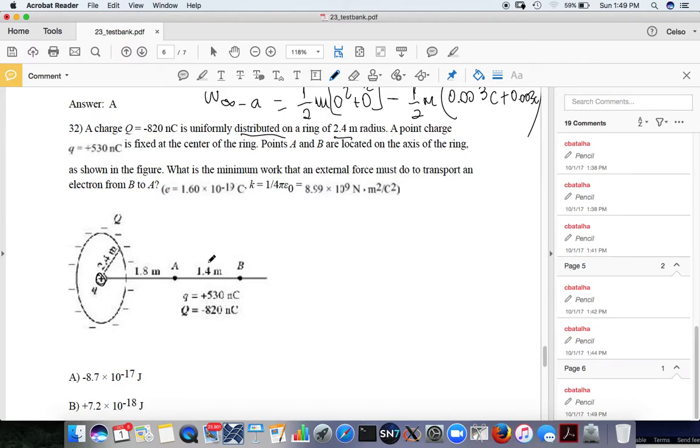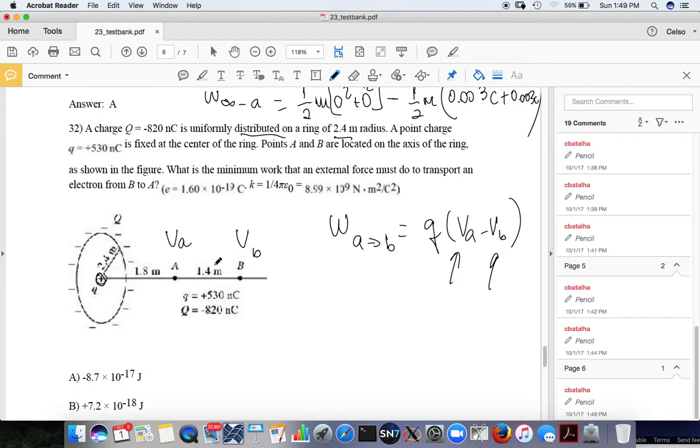The minimum work is the one that can overcome the field itself, because you have to calculate the voltage here and the voltage here. So the work from A to B is equal to Q (V_A minus V_B). Basically, that's it, right? So find the voltage at point A and point B, and then you calculate the minimum.